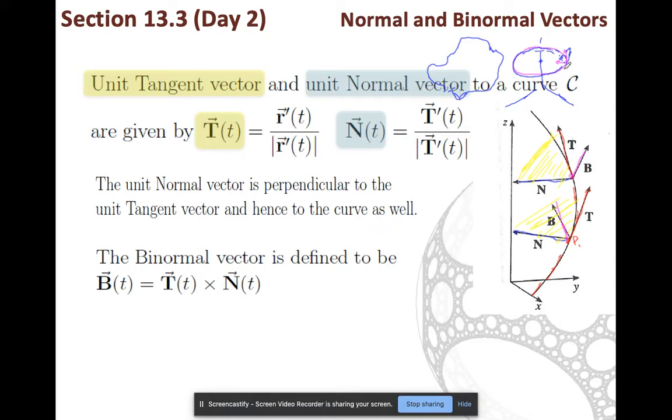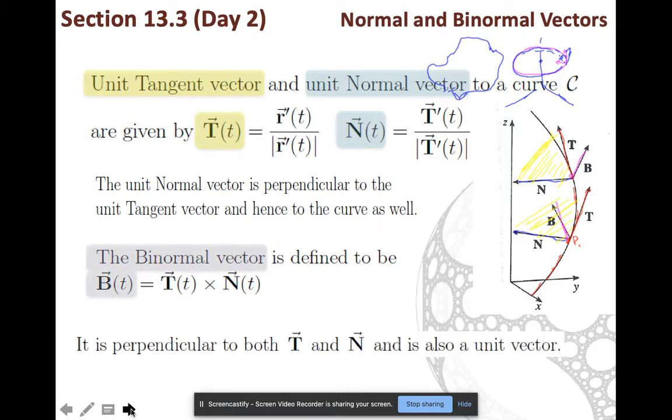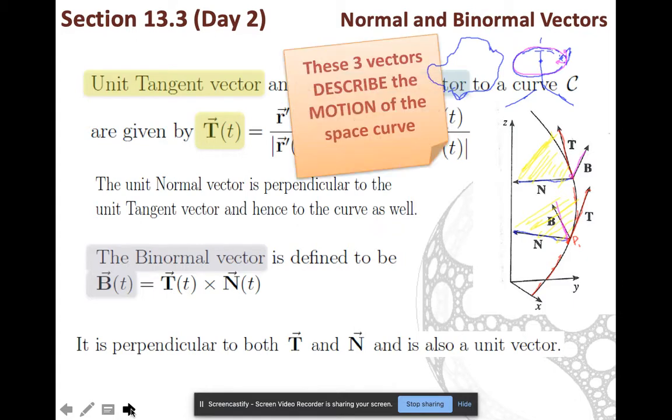That plane is going to tilt and swerve, and sometimes be steep and sometimes be flat. That binormal, being the cross product of the two, just helps me watch what that plane is doing. So these three vectors together help me think about the motion of the space curve, what's happening along that space curve.